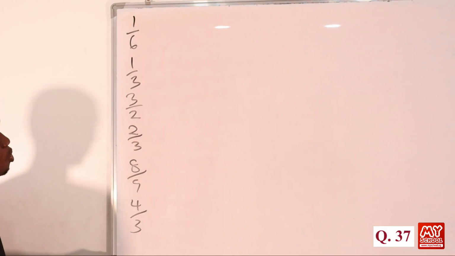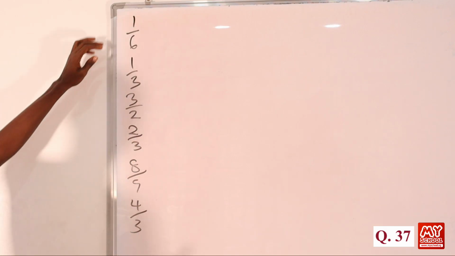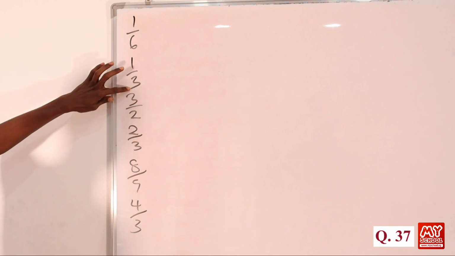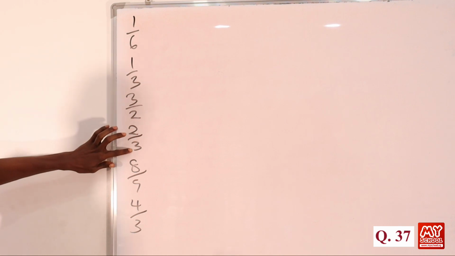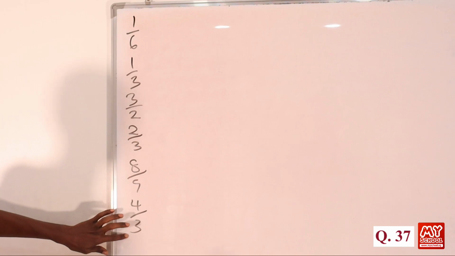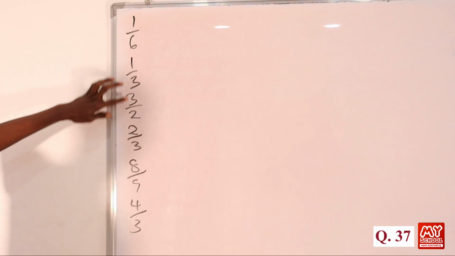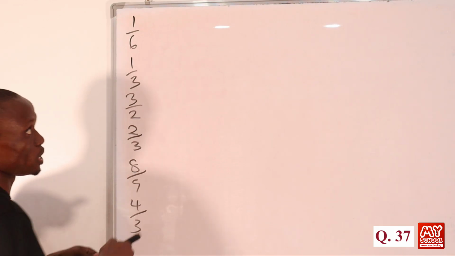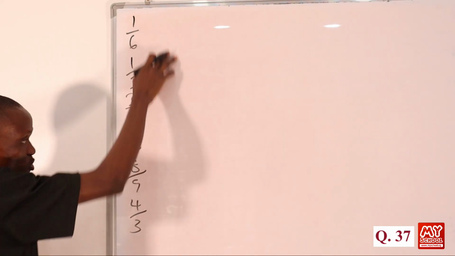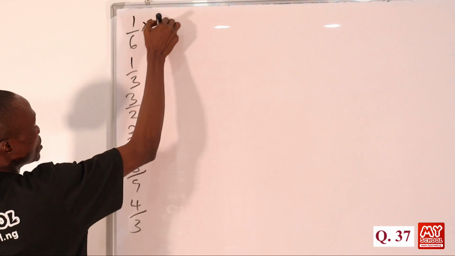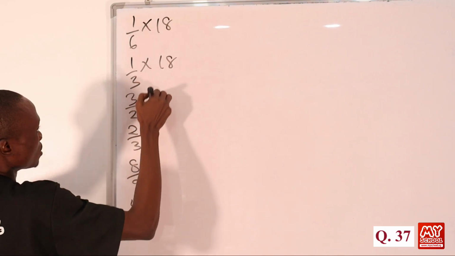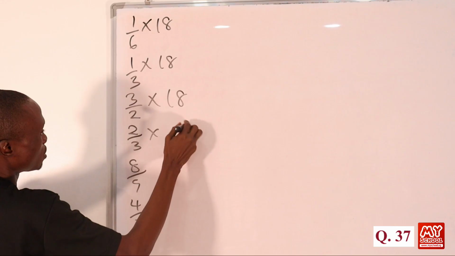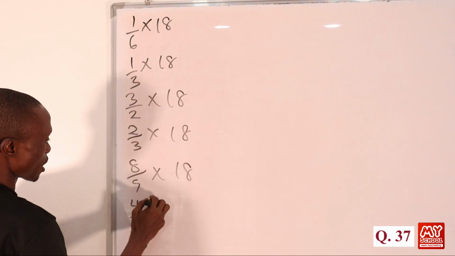The denominators are 6, 3, 2, 3, 9, and 3. So the LCM of the denominators is 18. So we are going to multiply each of these fractions by 18.